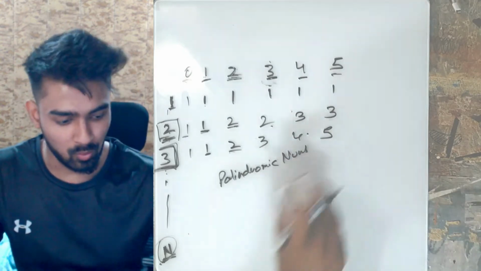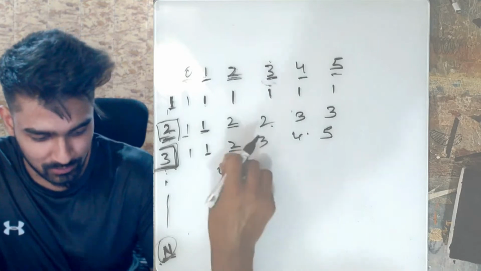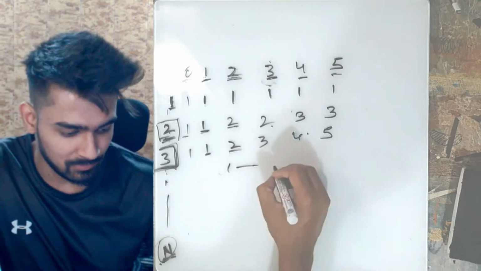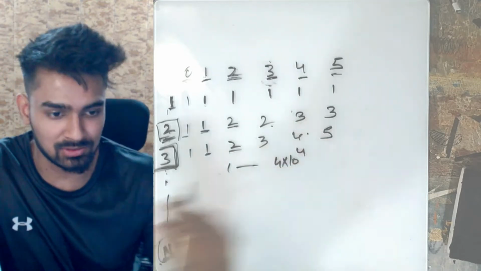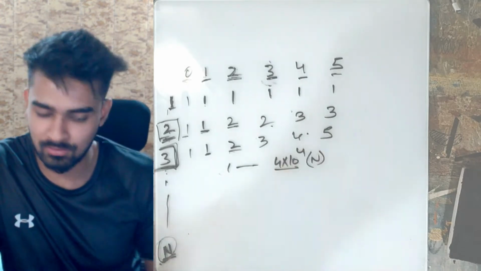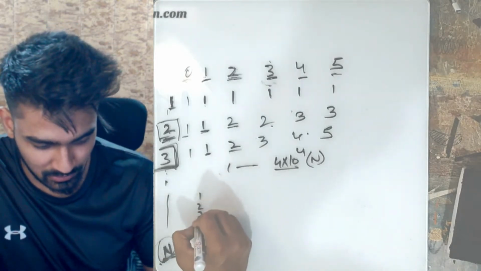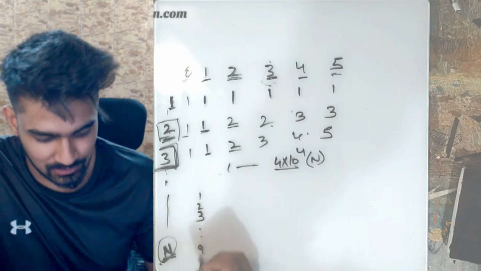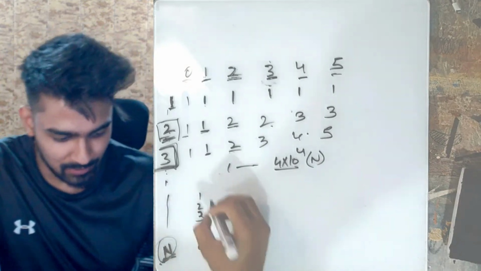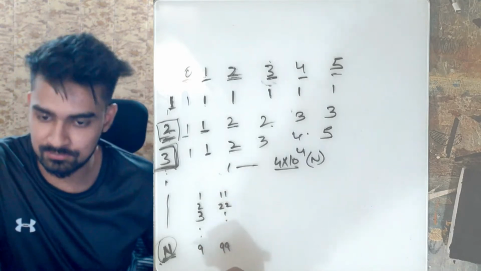So let's see how many palindromic numbers we have from 1 till 4 into 10 to the power 4, because that is the constraint for n. We have numbers from 1, 2, 3 till 9. These are all palindromic numbers. Then we have 11, 22, so on till 99.